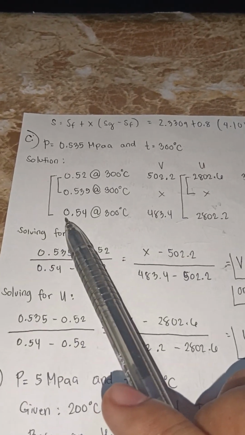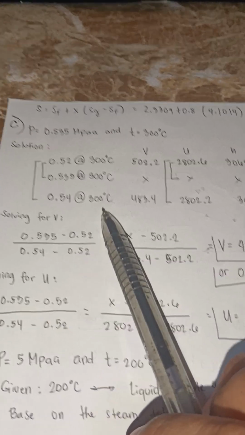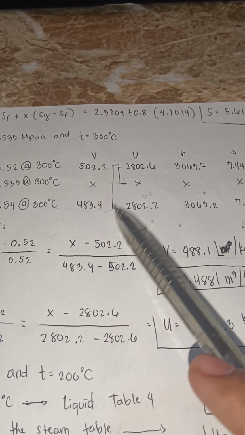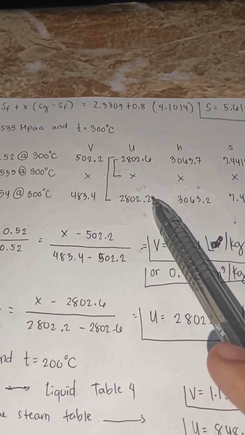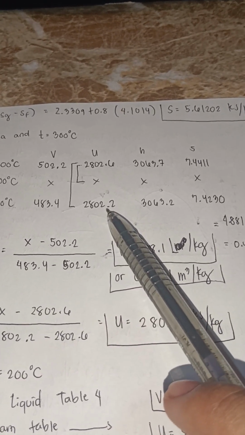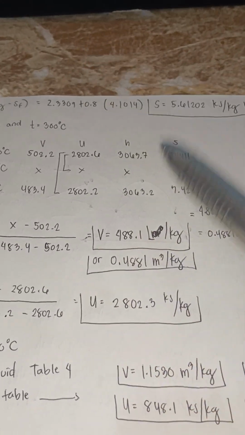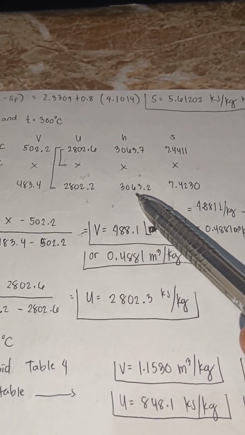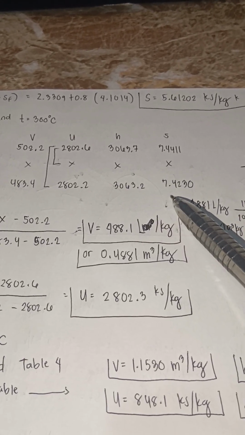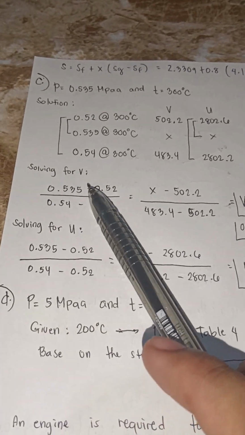So in 0.54 megapascal at 300 degrees Celsius, the volume is equal to 483.4. The internal energy is 2802.2. The enthalpy of 3063.2. The entropy of 7.4230.